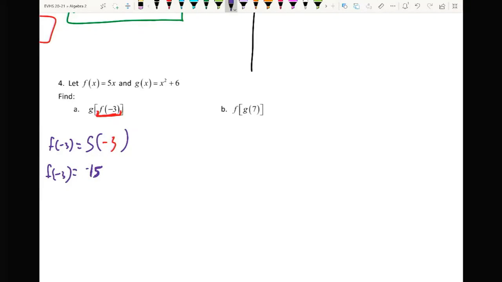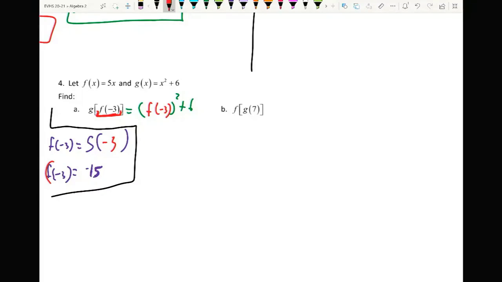Now, whenever I go to do this problem, g is x squared plus 6. I'll come back to that in a second. I want to section it off so we don't get confused on what's what. Okay, inside of here we're going to put f of negative 3. But I already know that f of negative 3 is equal to negative 15.